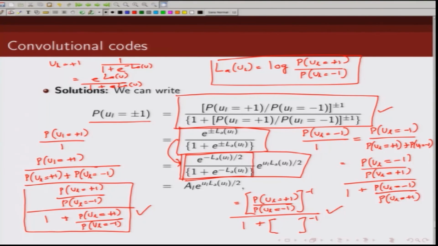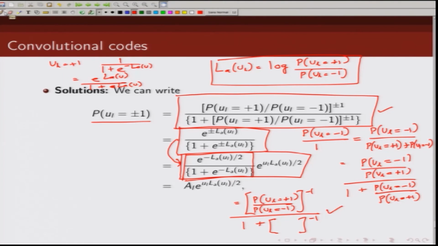Let us make some space. I can simplify this term as e raised to power minus LAUL by 2, and I have e raised to power minus LAUL by 2. This is e raised to power LAUL by 2 plus e raised to power minus LAUL by 2.